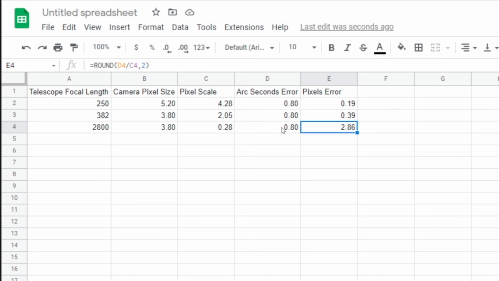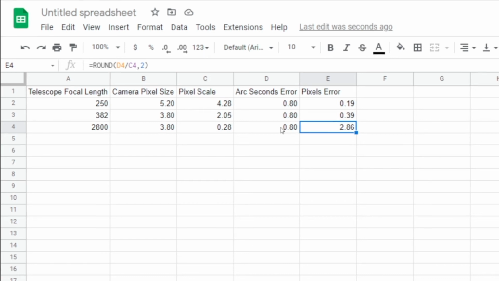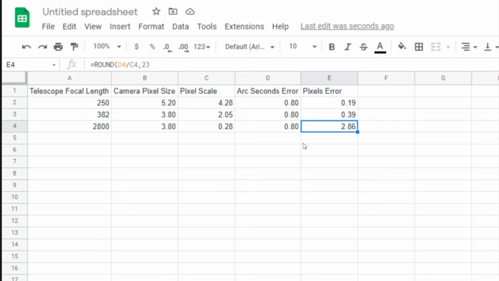So what that means is that for larger telescopes, for telescopes with longer focal lengths, the effects of bad polar alignment, the effects of the mount not being a high quality mount, can significantly affect your imaging, because you get these football-shaped stars that aren't round, and they don't make the image look that great.